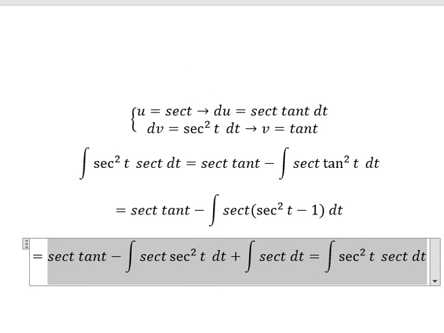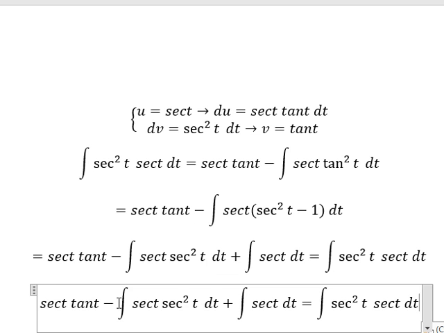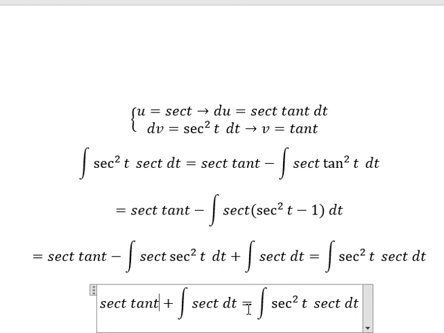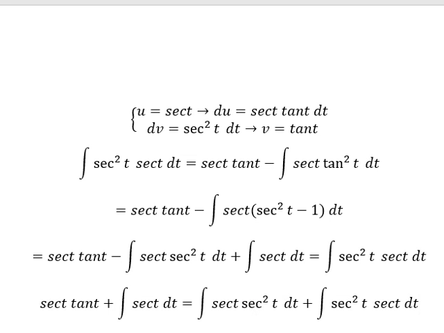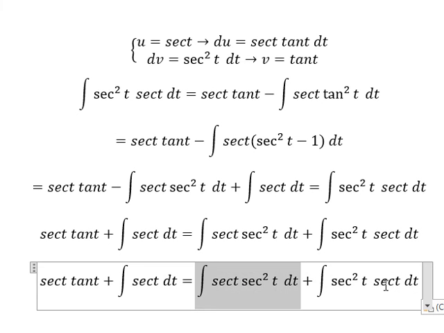Now, I will put this one go to the right, and you got about positive. So this one plus this one, we have number 2.